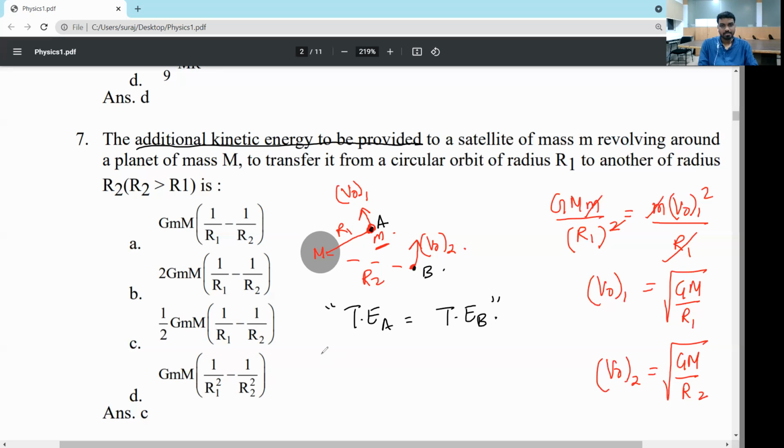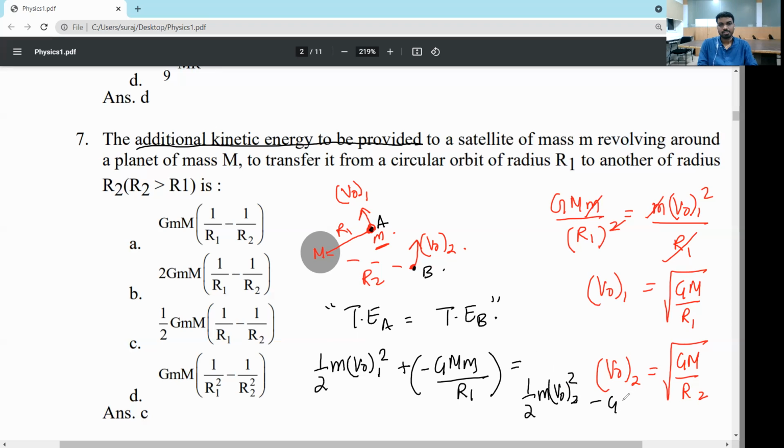Kinetic energy at A, that is half m v0 orbital velocity 1 whole square, plus potential energy at A, which is minus GMm by r1, equal to half m v02 whole square minus GMm by r2.